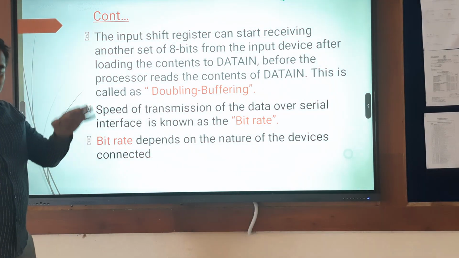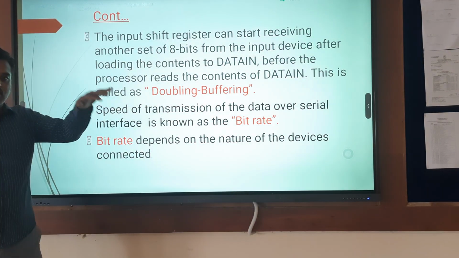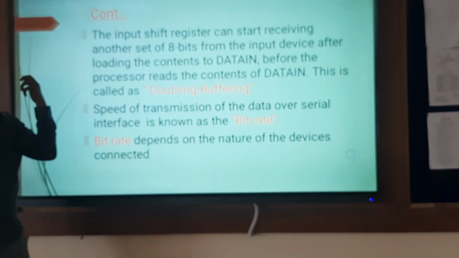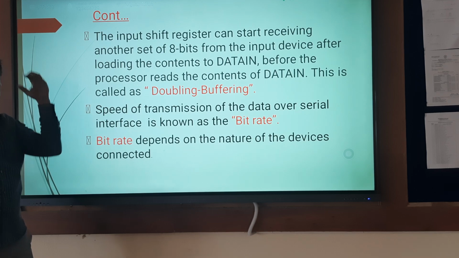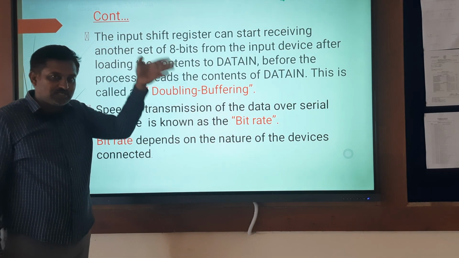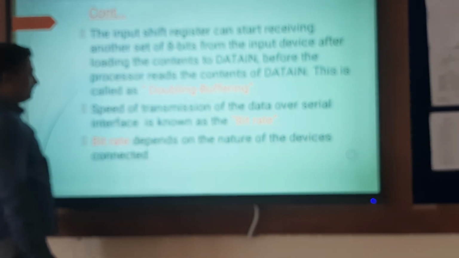That means the data in the data in register has not been read by the processor. Before it is received by the processor, another new data is entering the data in register, then we call it double buffering.